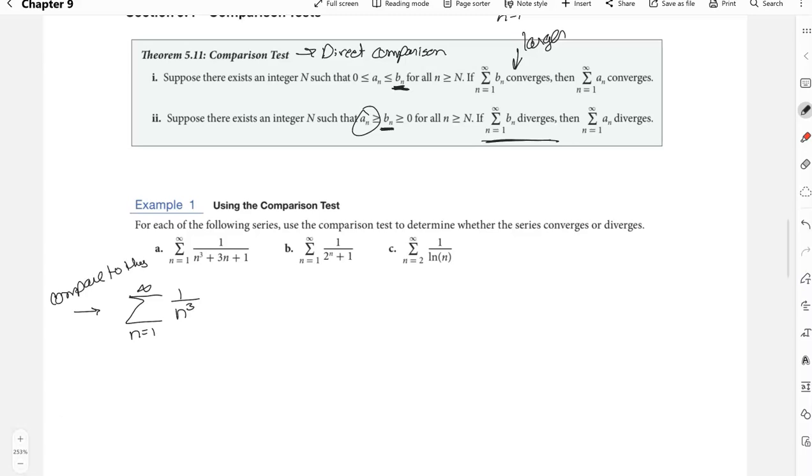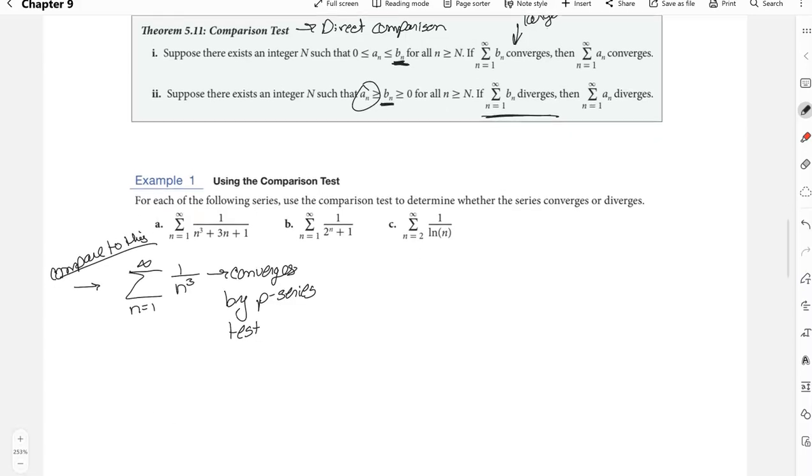I'm choosing something I know something about. This I know converges by the p-series test, because that exponent is bigger than 1. So it forces that series to converge.